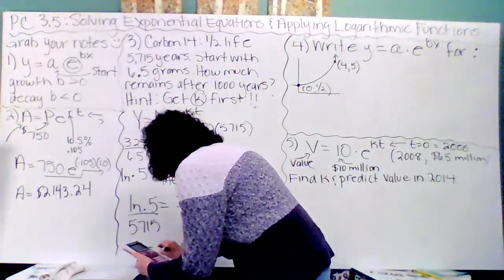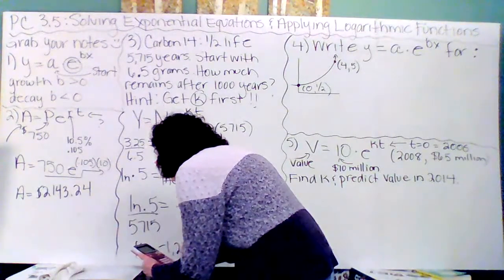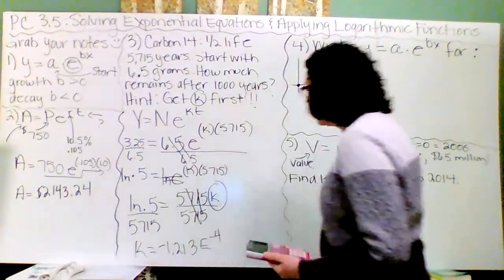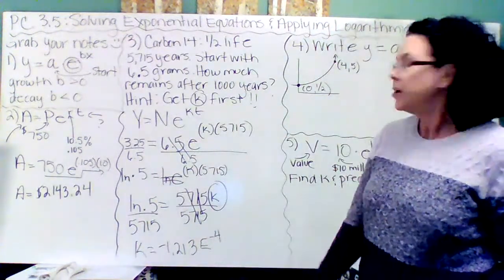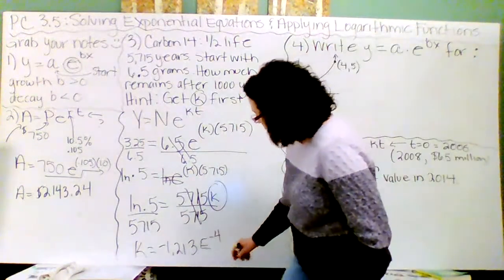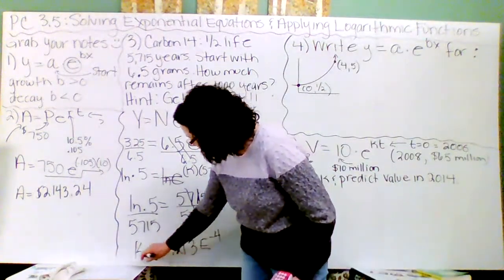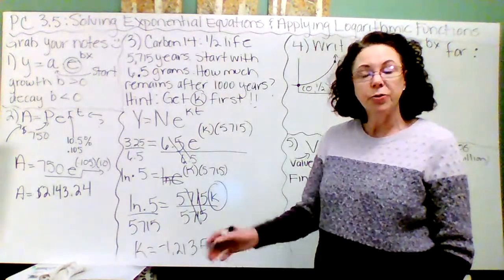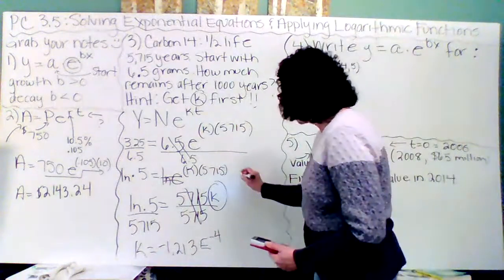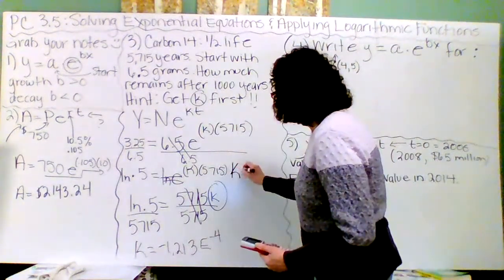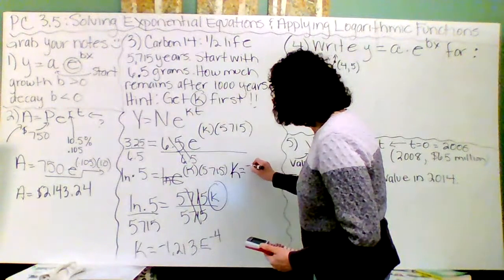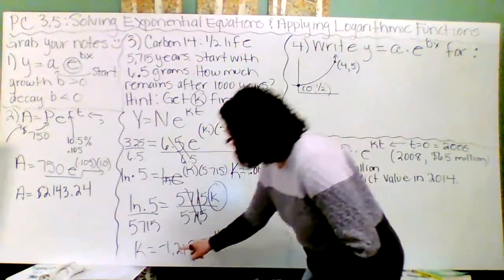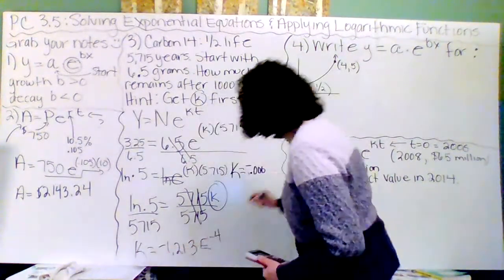It gave me a negative 1.213 e to the negative 4. Okay, that's scientific notation. Here's how I'm going to write it. This negative 4 means I'm going to move the decimal 4 times to the left. So I'm going to go over the 1 and it's going to create 3 more places where I'm going to put zeros, okay? So my K then is -0.0001213.